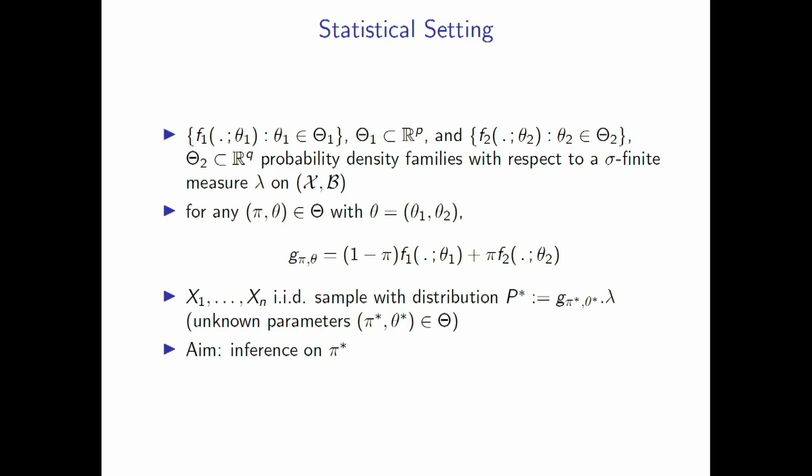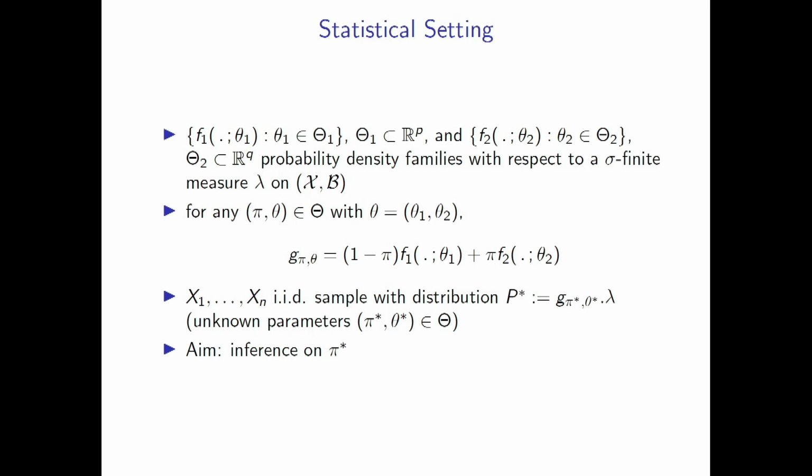So here is a statistical setting. We are particularly interested in mixture models. So we consider densities which are convex combinations of a density f1 and a density f2, which are families which can possibly be different.